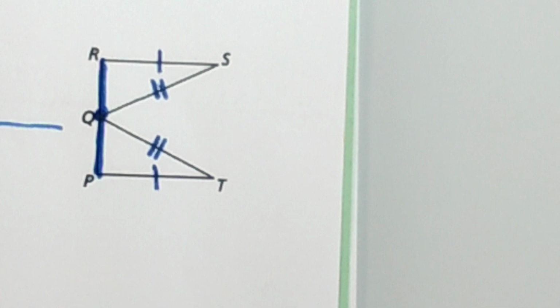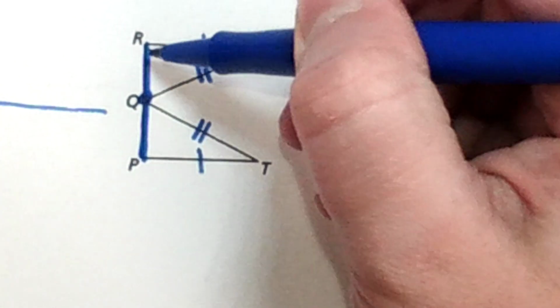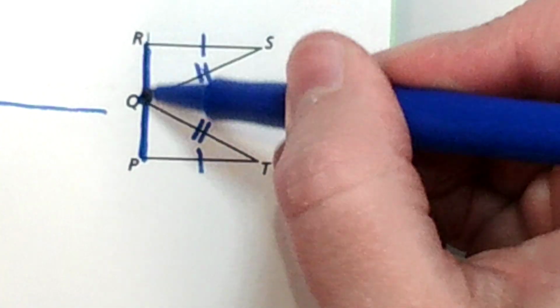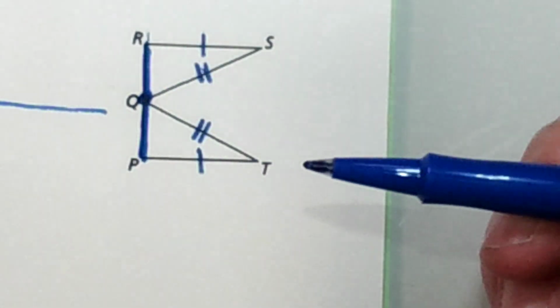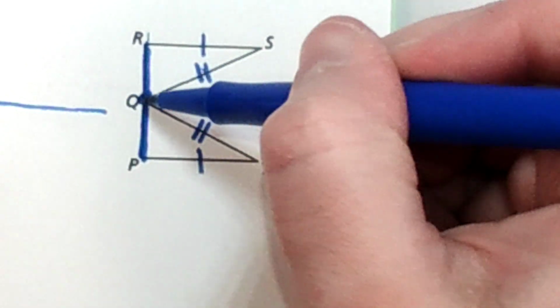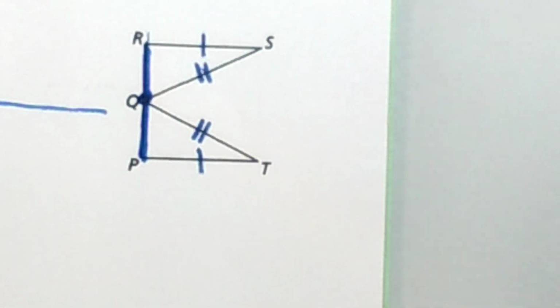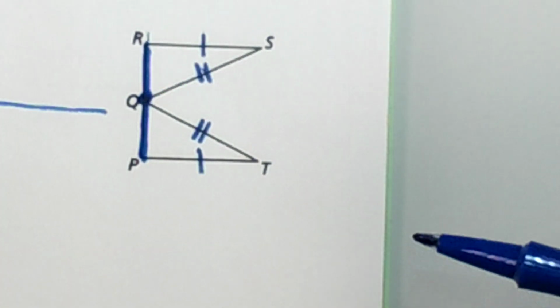Cam, what are the names of the two segments that are congruent if Q is the midpoint of RP? Q breaks up the segment. Here was the segment. What are its two parts when I put Q in the middle of it? There's the top part and the bottom part. What's the top part's name? What's the bottom part's name?